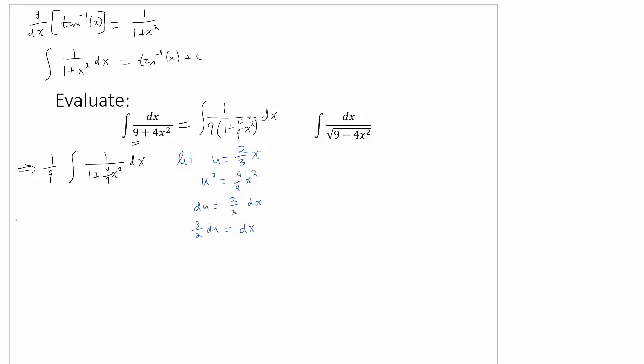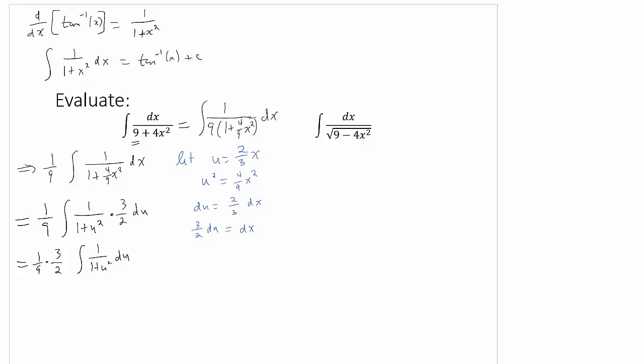So then my integral becomes 1/9. I'd now have the integral of 1 over 1 plus u squared, and instead of dx, I'd have 3/2 du. I bring that 3/2 out in front, so I'd have 1/9 times 3/2 times the integral of 1 over 1 plus u squared du.